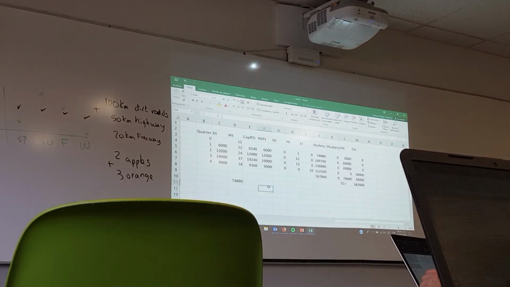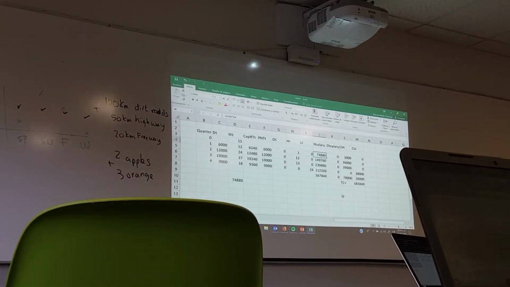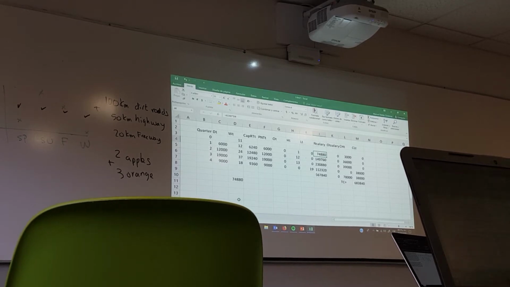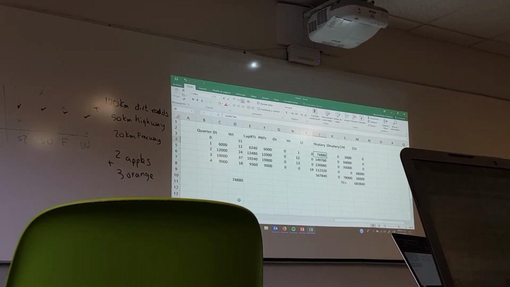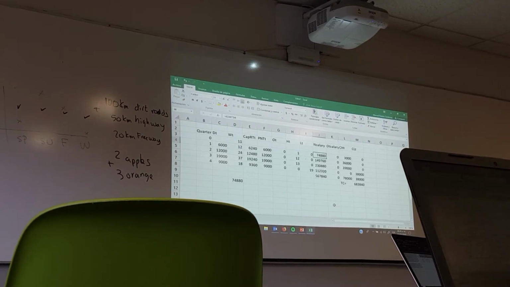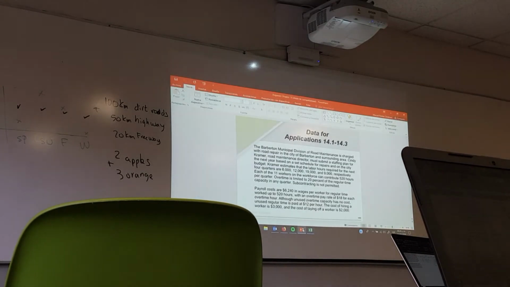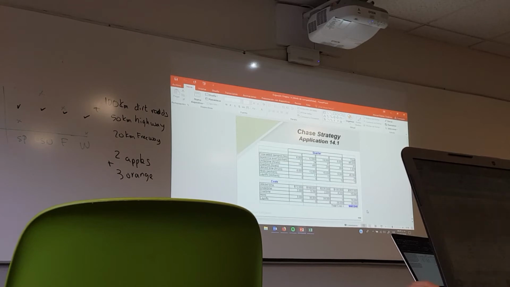J4, please. G, J. Okay, so I am going to erase this because I'm going to overwrite it for the next step. So we are done with the chase and we got the same answer, right?